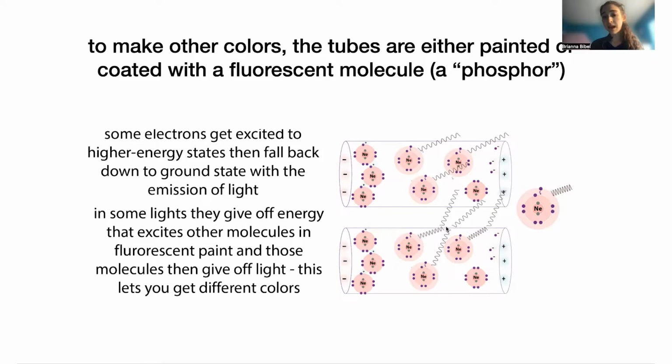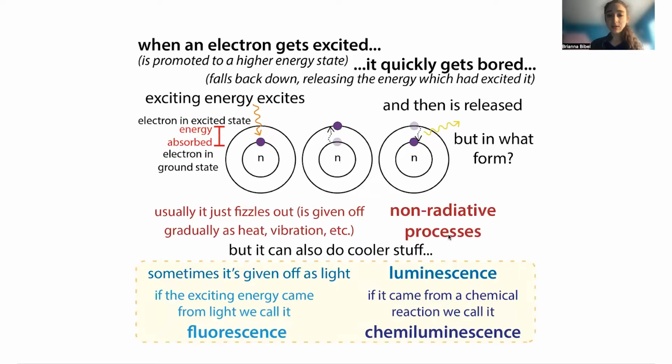In this case, we get a kind of chain reaction where the light that's given off from this noble gas is going to be used to excite the phosphor molecules. And now we get a kind of luminescence that we call fluorescence. Luminescence is basically where an electron gets excited and then it falls back down.